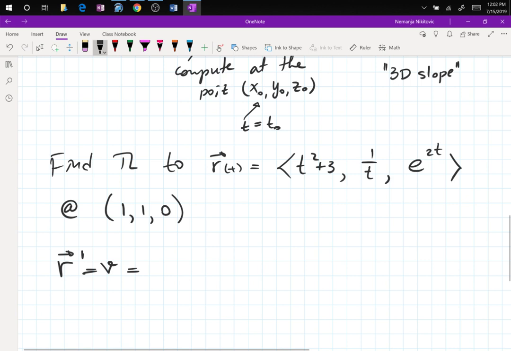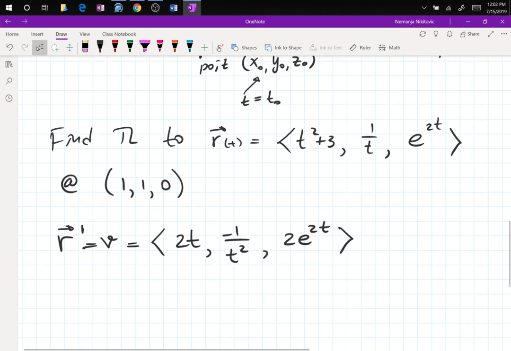That's going to be 2t, negative 1 over t squared, and 2e to the 2t, when you take independent derivatives of each one.